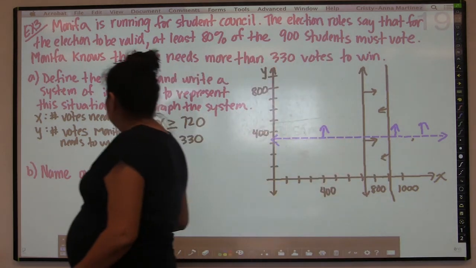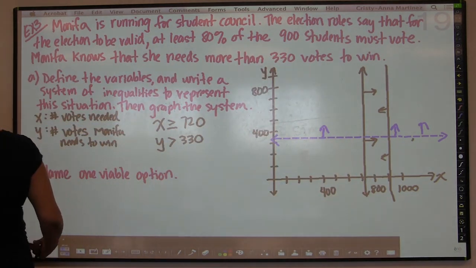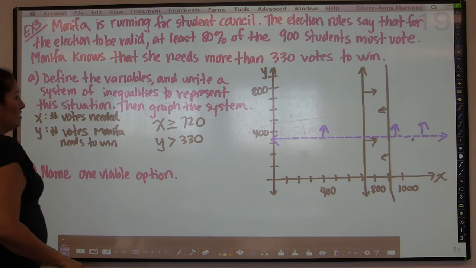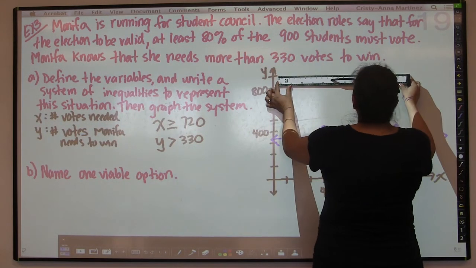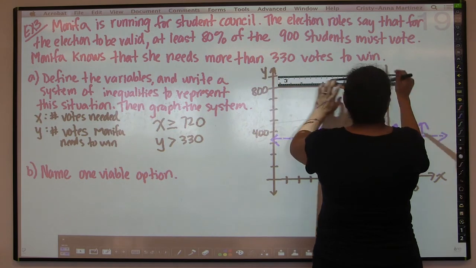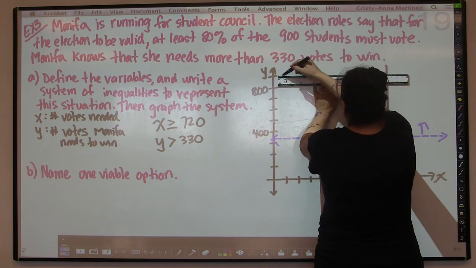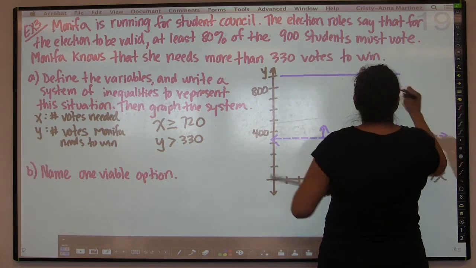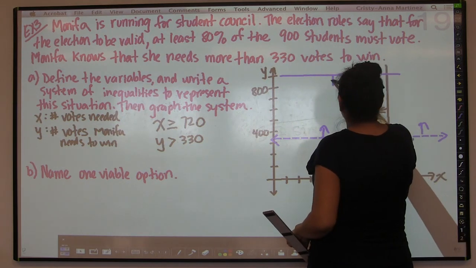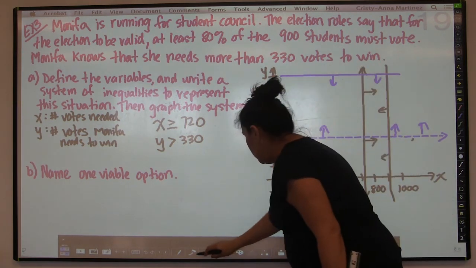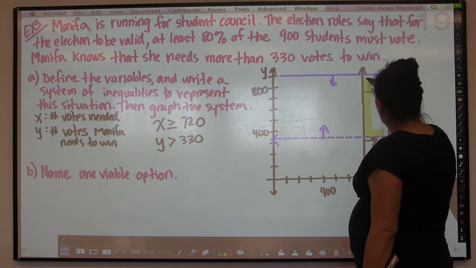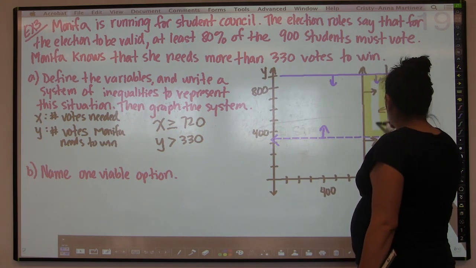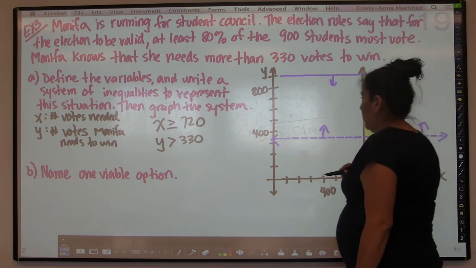And since there are only 900 students, as far as voting, you're also going to have 900 going across this way. This is 800, 900, so I'm going to put this line over here, and you want to be less than that. So at the very end of the day, we end up with this little rectangle right here as our solution area.